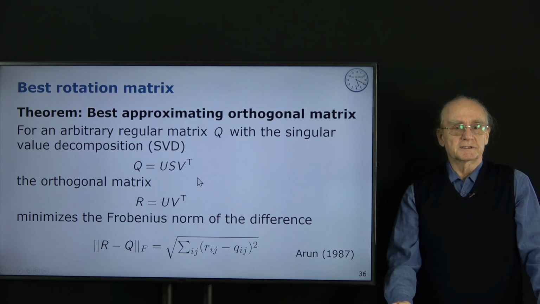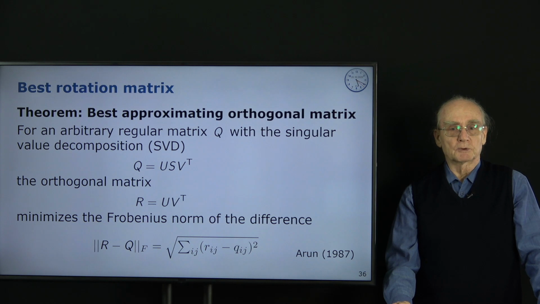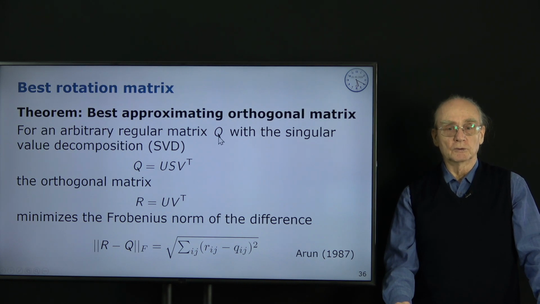So there's an interesting theorem which says something about the best approximating orthogonal matrix. So let's assume we have an arbitrary regular matrix Q with a singular value decomposition. Q is a product of U, S, and V transposed. U and V are orthogonal matrices. S is a diagonal matrix.